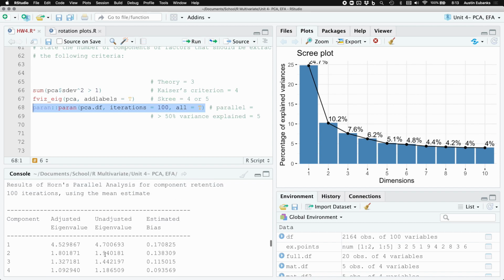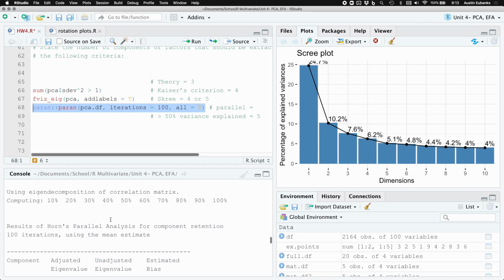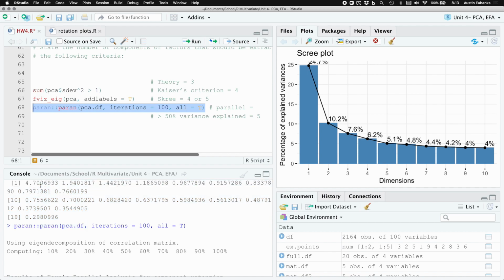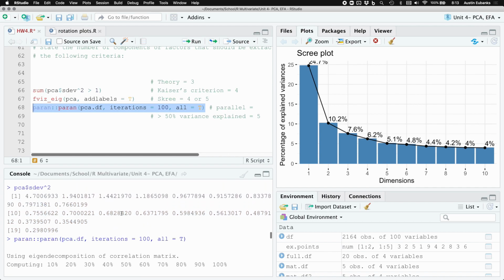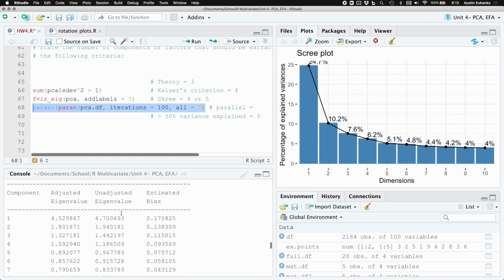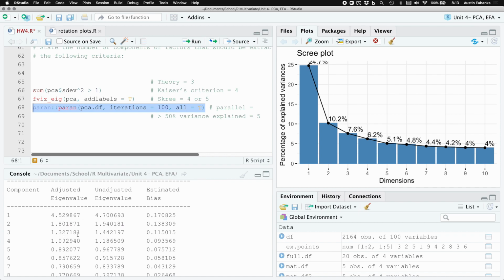In other words, this unadjusted eigenvalue is the actual eigenvalue that you're going to get. And so comparing across, where are the unadjusted greater than the adjusted?